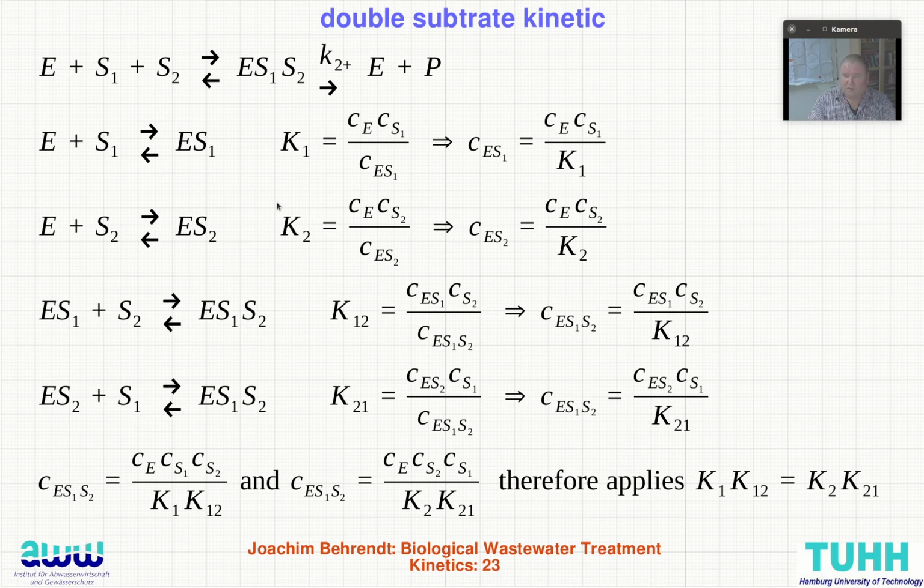Here we want to analyze this kinetically. What is the influence of these components? We can formulate this equation: the enzyme and substrate 1 and substrate 2 form the enzyme-S1-S2 complex, which releases the enzyme and the product.